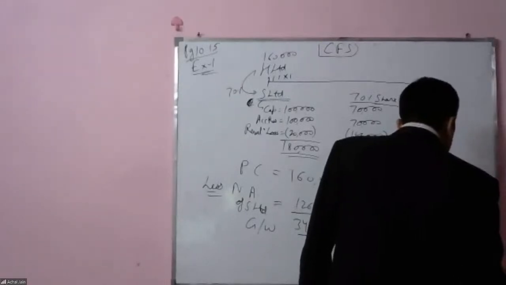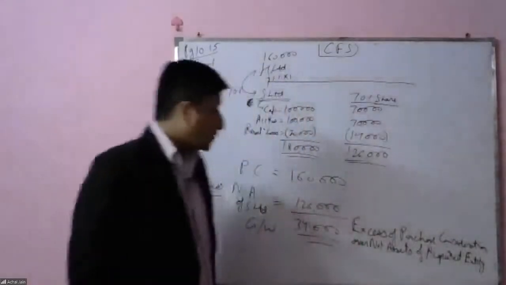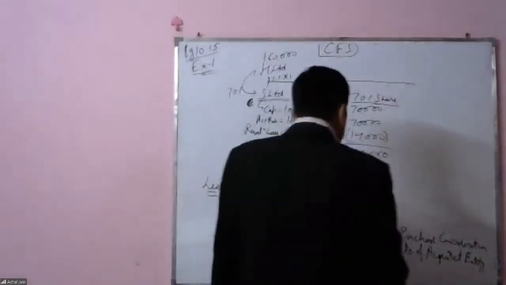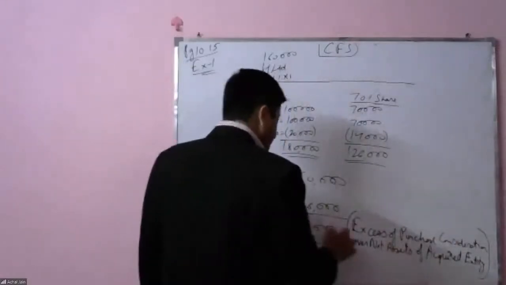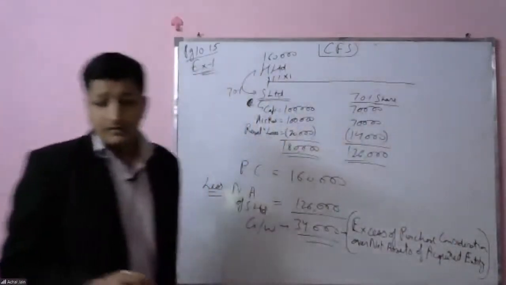Now this acquired entity is about the subsidiary. So what do we call it as? This will be goodwill. Clear? Yeah.